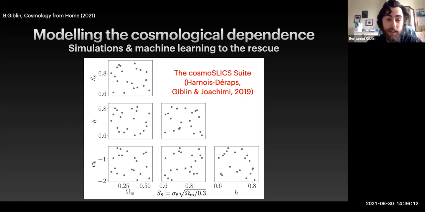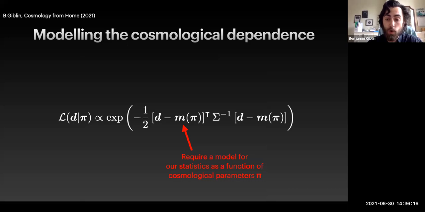One other ingredient that is necessary for this cosmic shear analysis is what is denoted as sigma here. This is the covariance. So this is a measure of how your statistics vary and co-vary with one another. And again, we use simulations to measure that covariance.